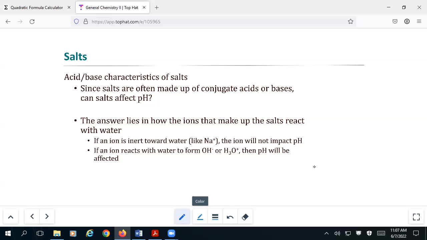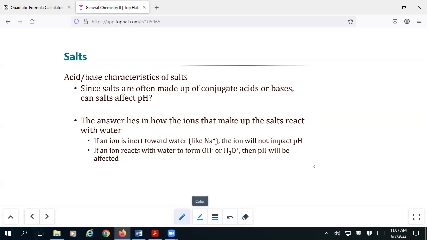So that's where those two ideas come together, is not so much, okay, here's this acid, figure out its pH. Here's this base, figure out its pH. Figure out the pH when they come together.